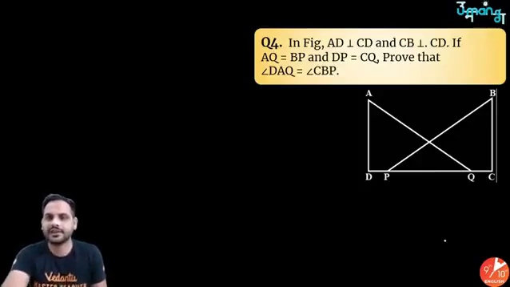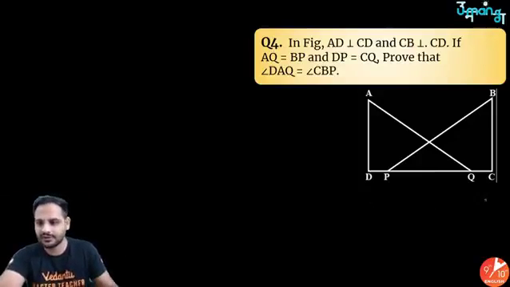Okay, it is saying in the figure AD is perpendicular to CD. Okay, this line is nothing. Don't be confused, sir, what is this line? So I'm just erasing this part, and don't be confused by this. Oh, it just came from the diagram. Okay, yeah.